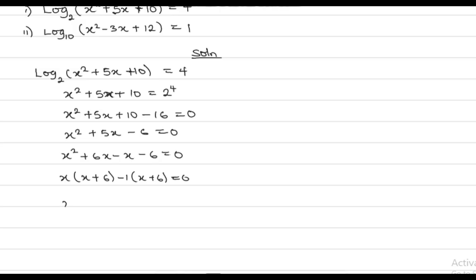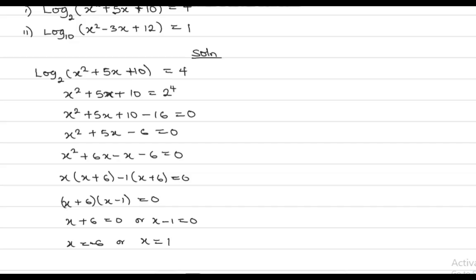So we would have x plus 6 and x minus 1 being equal to 0. So x plus 6 is equal to 0, or x minus 1 is equal to 0. So we have x equal to minus 6, or x equal to 1.